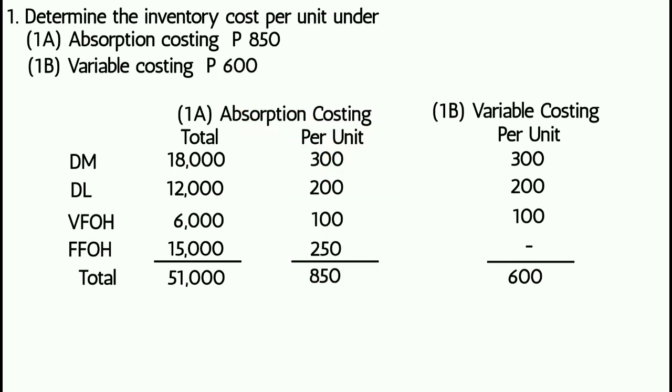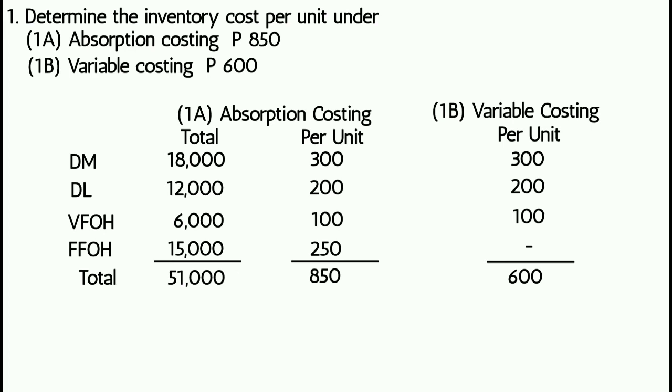Para mas madali nyong makompute yung 850, i-divide nyo lang yung 60 units sa 51,000 pesos. 51,000 pesos divided by 60 units, that is equal to 850 pesos. Para mas madali nyong makompute yung 600 pesos, huwag nyong isali yung 15,000 pesos.